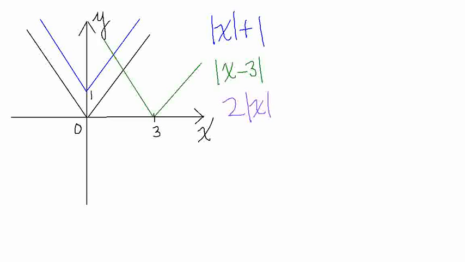Okay, so compared to the original graph, this graph is going to involve a vertical stretching. Okay, instead of going through the point 1, 1, it's going to go through the point 1, 2. All right, and so it'll look something like this.